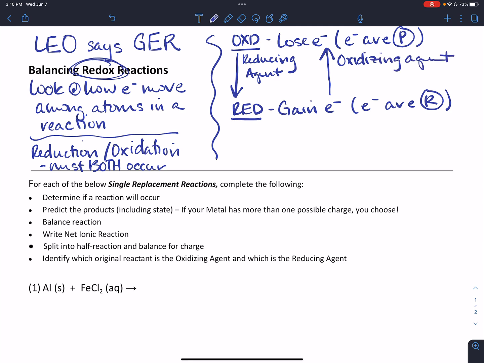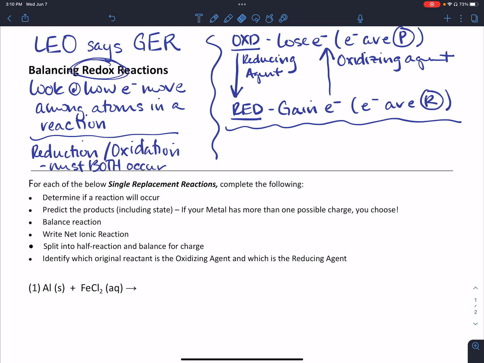Whatever element is being oxidized is the reducing agent, and whatever element is being reduced is the oxidizing agent.